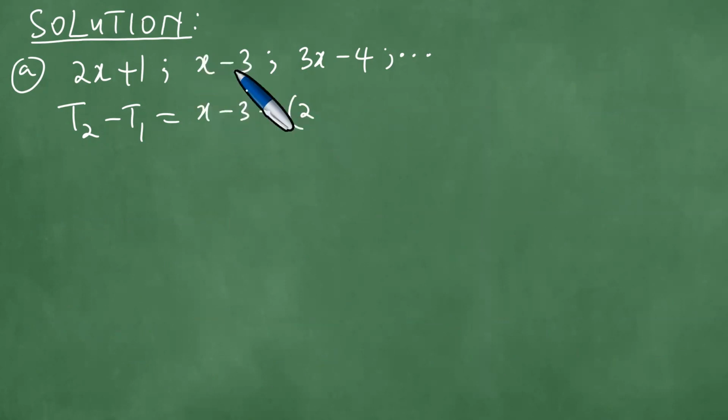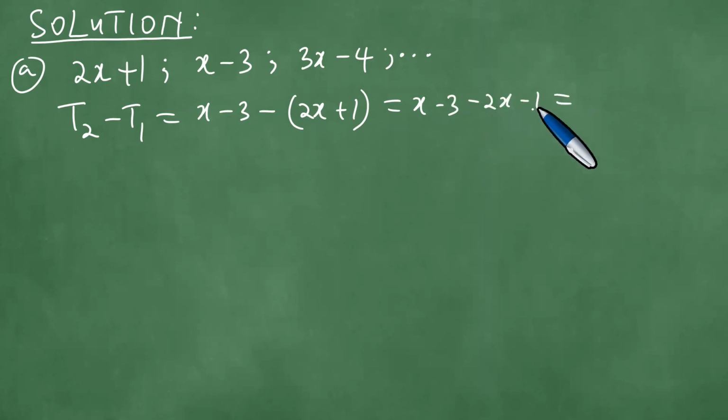Term 2 is x minus 3, term 1 is 2x plus 1. Let's distribute here: x minus 3 minus 2x minus 1. x minus 2x gives minus x, and minus 3 minus 1 is minus 4.